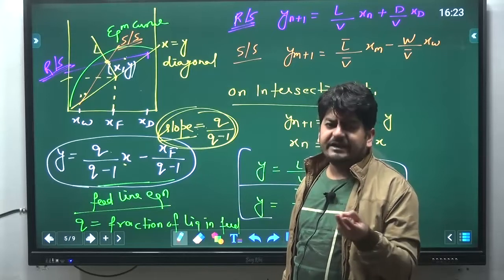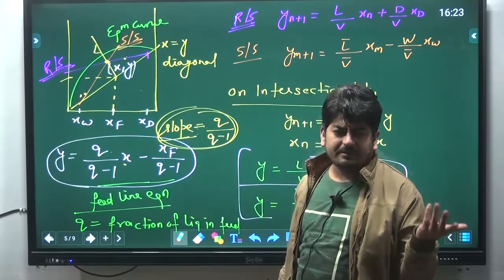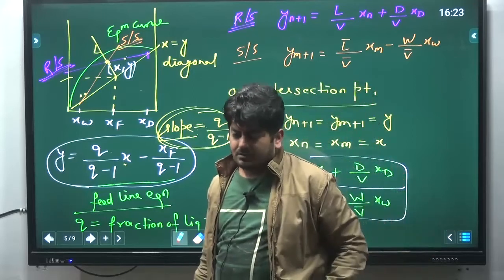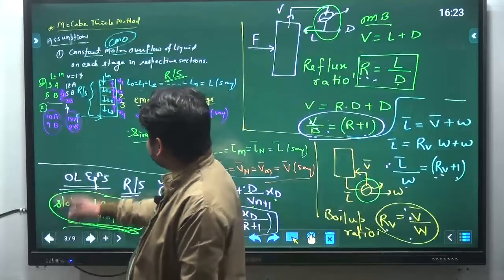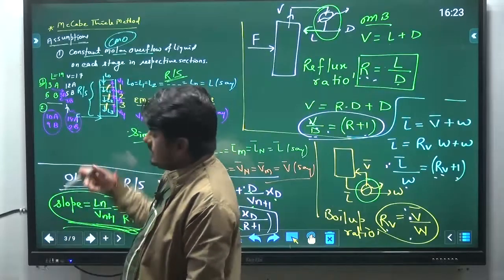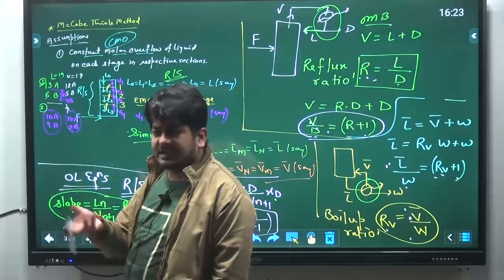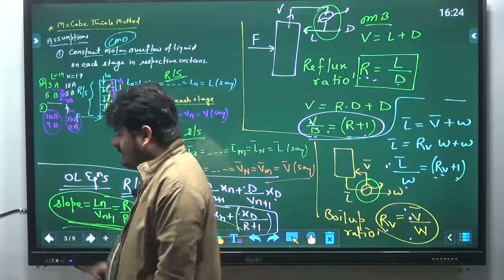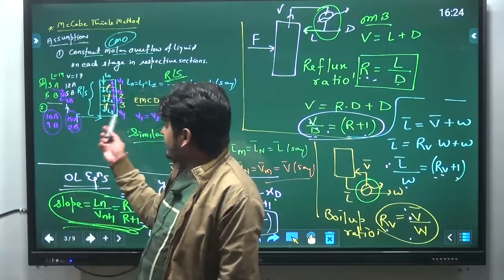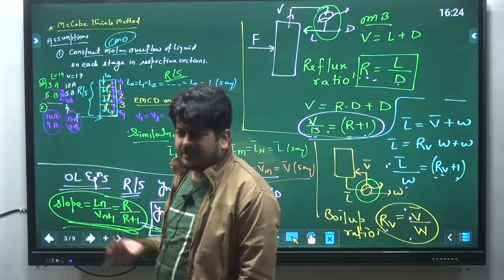Means latent heat of vaporization is independent of temperature and composition. Okay, so the meaning is inside the distillation column on each stage the amount of heat required to vaporize 1 mole of liquid will be same. Third assumption is no heat loss outside the column. Okay.